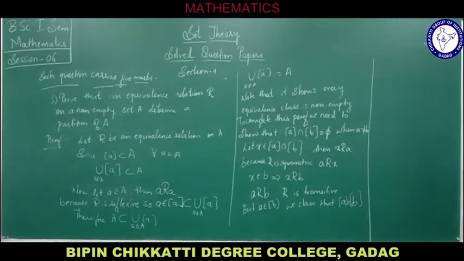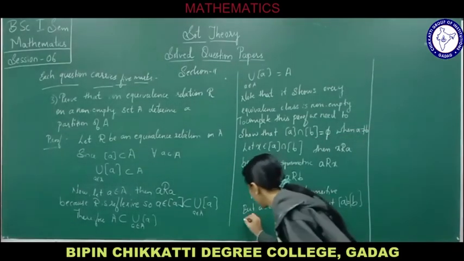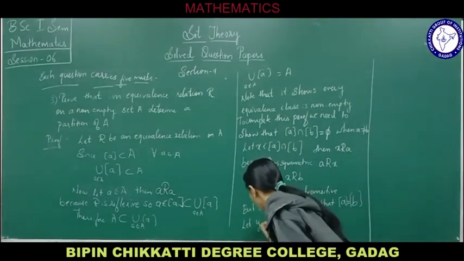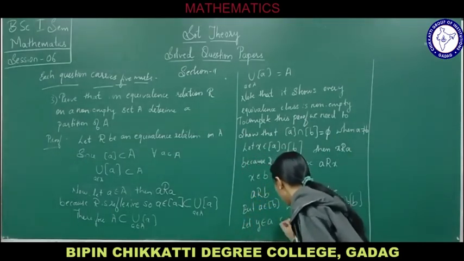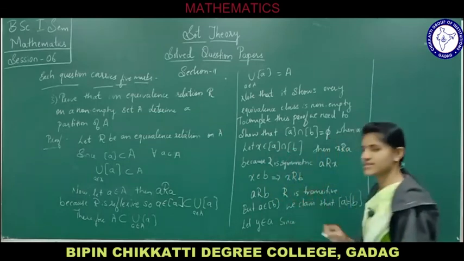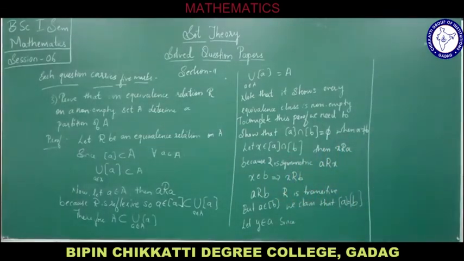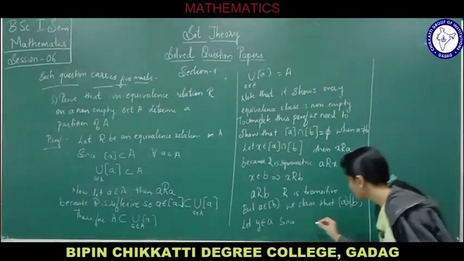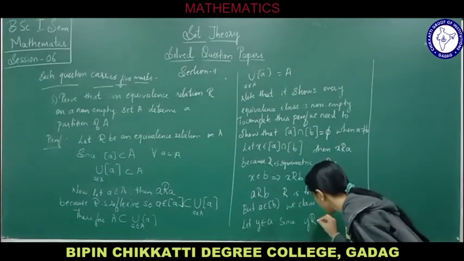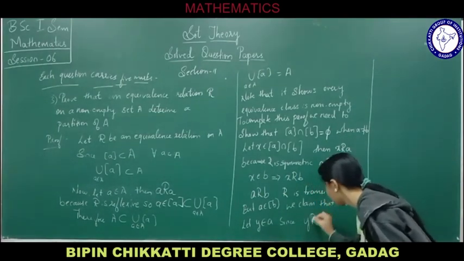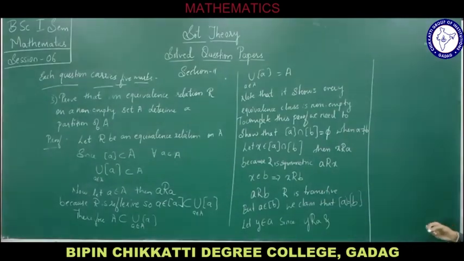If so, let Y belong to A. The reason is, since Y is related to A, or Y is equivalent to A. Instead of writing equivalent, we are going to use R. And what we are going to say?